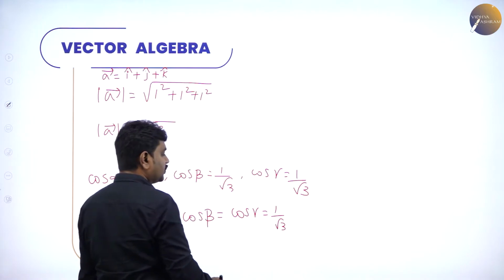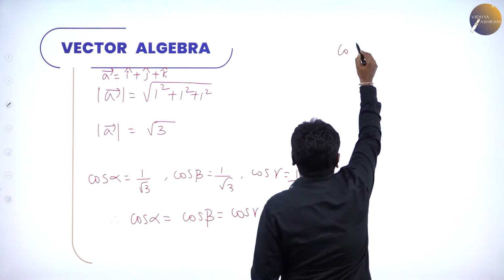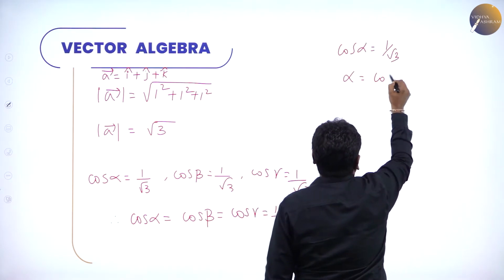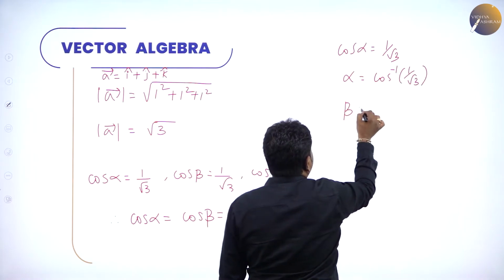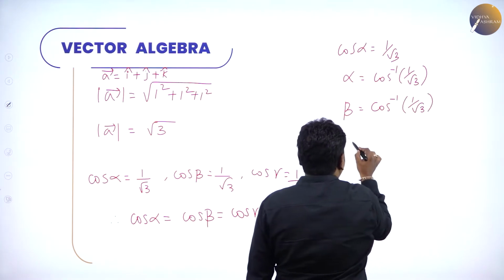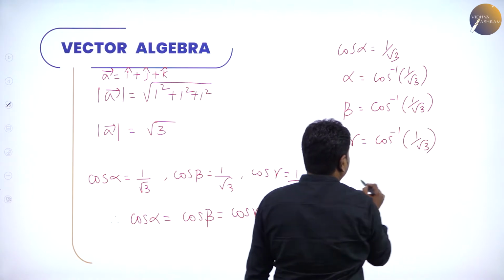root 3. Or if you want to find alpha, beta, gamma, so you know cos alpha is 1 by root 3. What is alpha? Cos inverse of 1 by root 3. Same way we have beta. Beta is also cos inverse of 1 by root 3. And gamma is also cos inverse of 1 by root 3. Therefore, what is the conclusion?